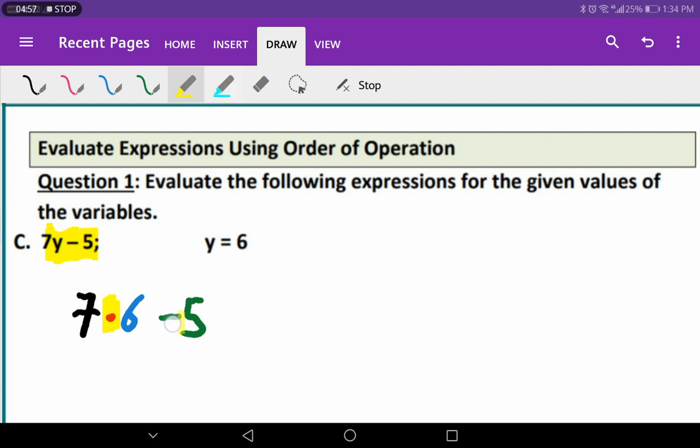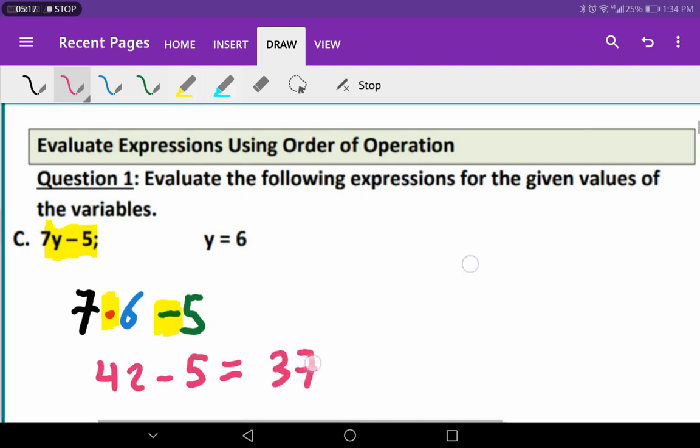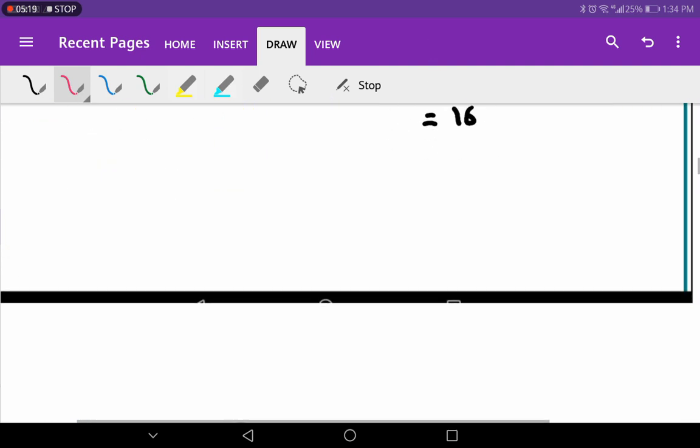I have multiply and I have negative 5, so I have to do multiplication. 7 multiply 6, as you know, is 42. So 42 minus 5, which equals 37, I think. Be careful, my dear student. Okay, we're done from this. Let's move to the next.